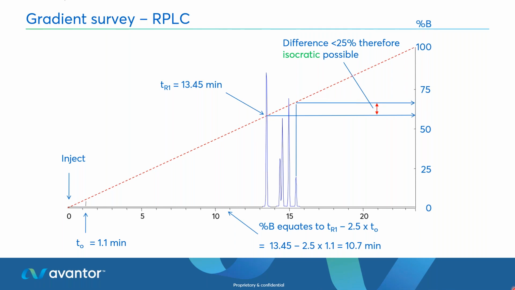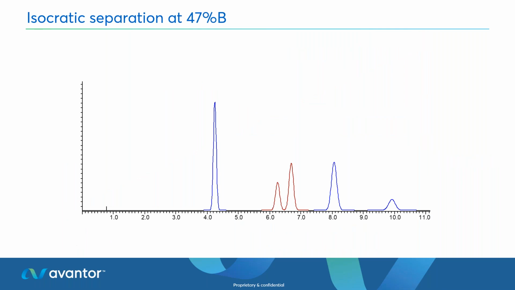We then read off the percentage organic at 10.7 minutes, which is 47%, and that's the percentage B that we want to use isocratically to get a good separation. If we run that, you can see here we have a really good separation within 10 minutes using 47% B. And we can optimize this further, increase the flow rate, or use a shorter column if we want to speed this up.